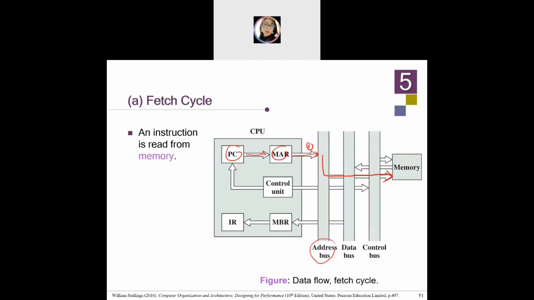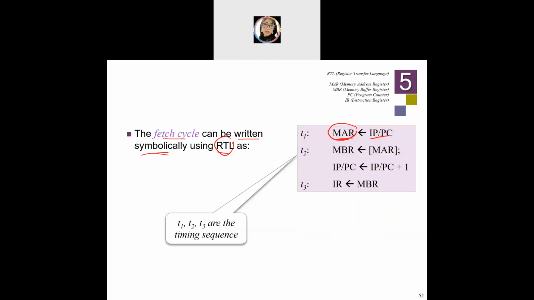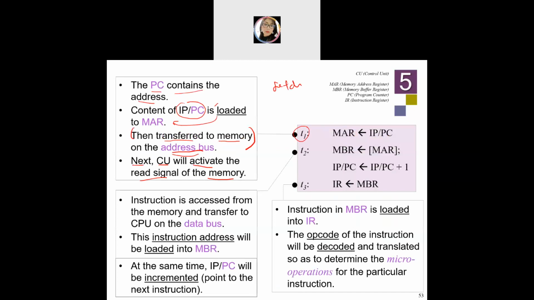We try to go to the memory and the control unit will send a signal to your memory to activate it. After that, for T2 here, the instruction is accessed from the memory and transferred to the CPU on the data bus.